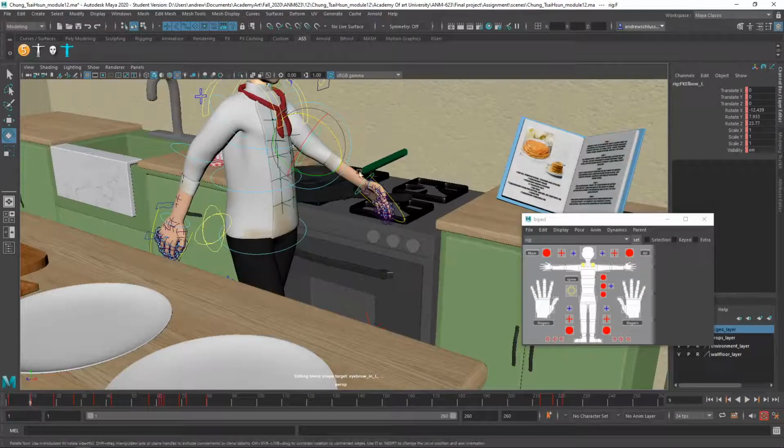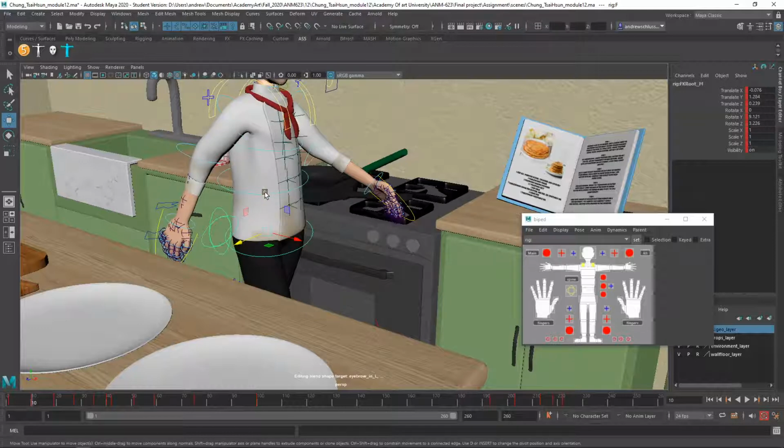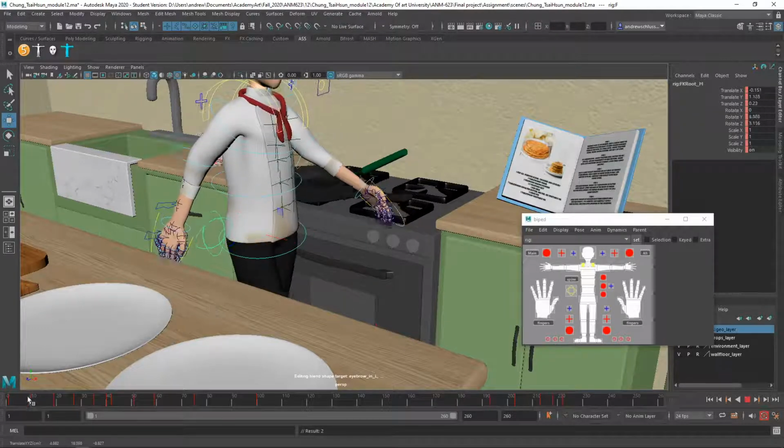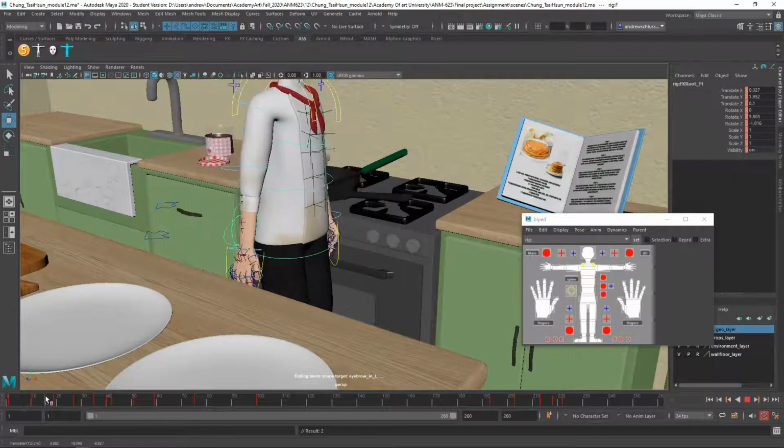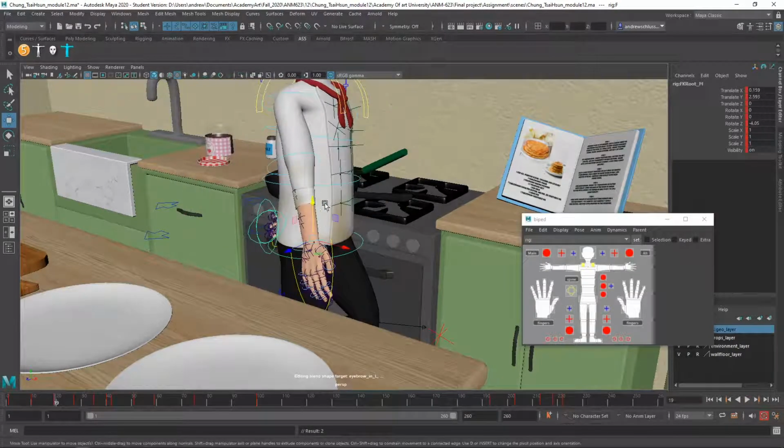Also, it's going to go down a little bit there and up there. I'm just using this now because it's easier than fixing it. And then again, let's bend the elbows.